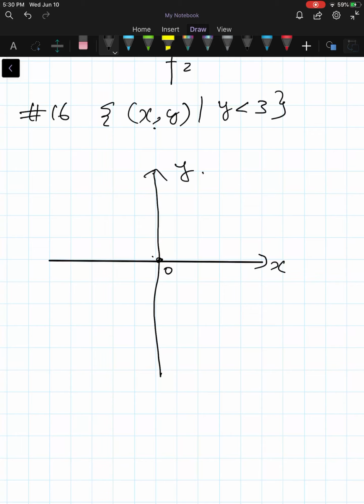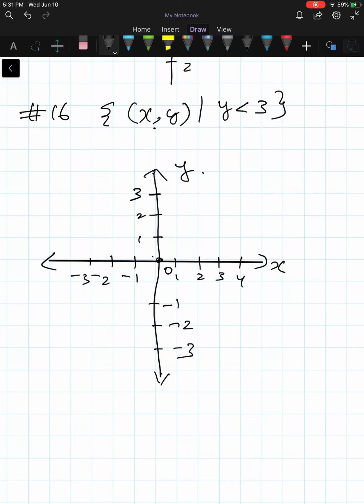Okay, so now you have 1, 2, 3 here and 4, going up to infinity, and -1, -2, -3 here.